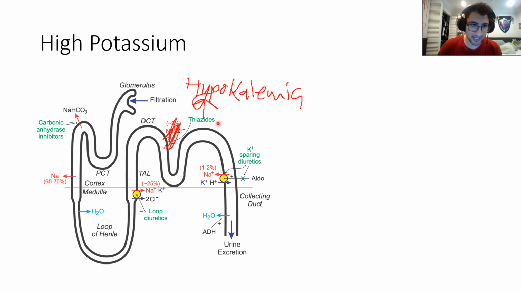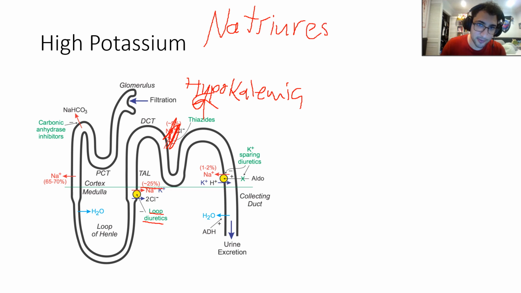You have to know that thiazides and loop diuretics have main side effects that you definitely need to know, which are hypokalemia, especially with loop diuretics. This is most prominent with loop diuretics because as you can see, there's a big natriuresis, or loss of sodium in the urine, that comes as a result of these loop diuretics, and that's what we want, right?